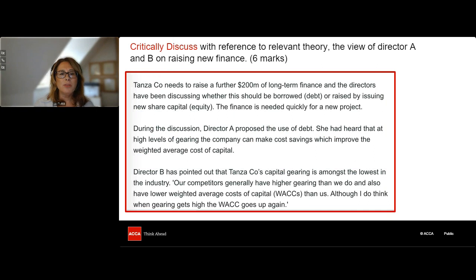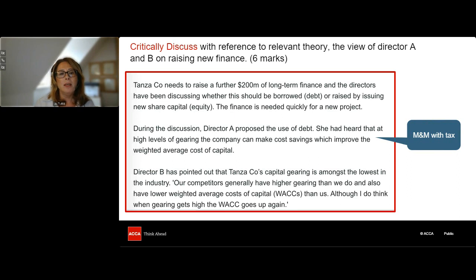So let's focus on that 3rd question. It says critically discuss with reference to relevant theory the view of director A and B on raising new finance. This is the scenario, and director A is talking about the view of Modigliani and Miller with tax. It's all about capital structure theories. They are saying that they've heard at high levels of gearing, the company can make cost savings, which will improve the weighted average cost of capital.